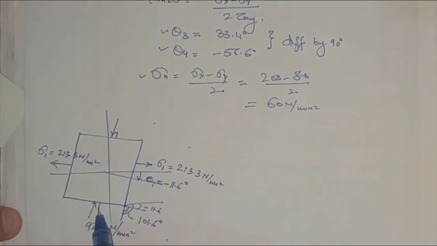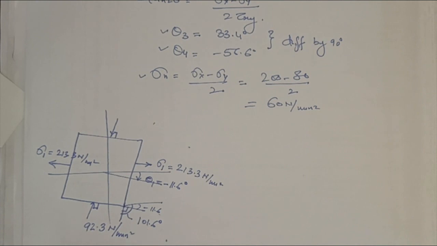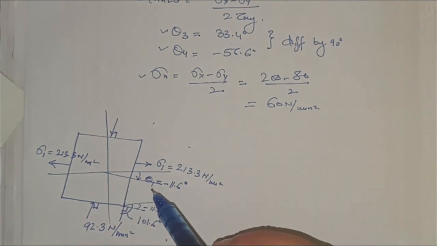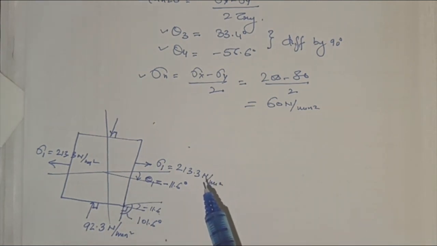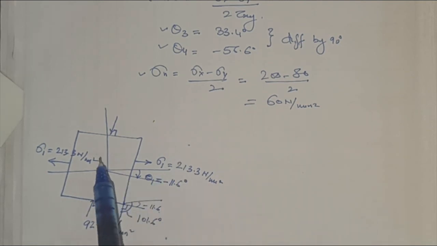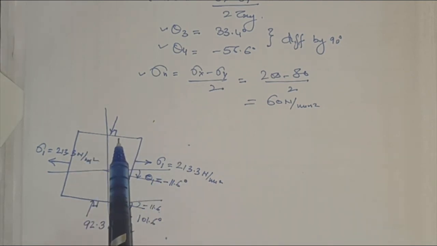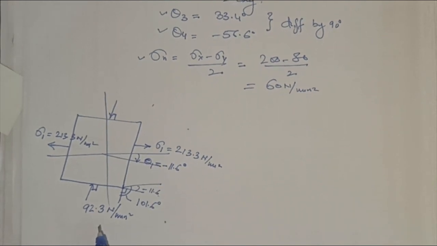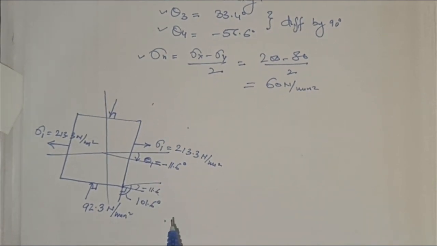These are all perpendicular. The important thing to take from this is that the theta 1, theta 2 values differ by 90 degrees. This is the plane of maximum principal stress, sigma 1, and this is the plane of minimum principal stress. So the theta 1, theta 2 values themselves are not important; the important thing is that both planes differ by an angle of 90 degrees.